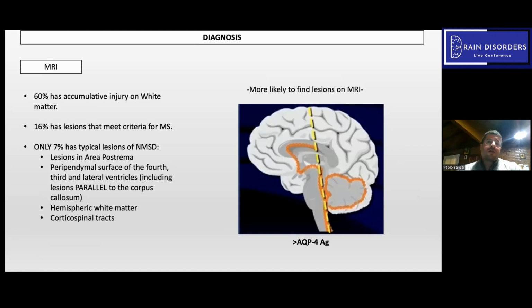To make the diagnosis, we have the symptomatology, the MRI, and the serology. The symptomatology we said earlier. In MRI, 60% has accumulative injury on white matter. 16% has lesions that meet criteria for MS.